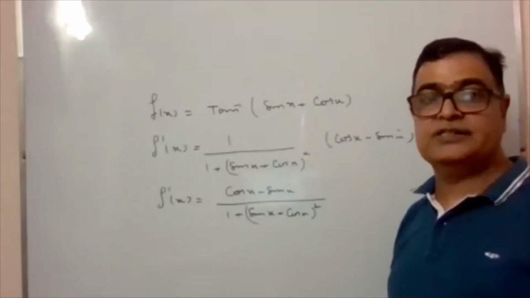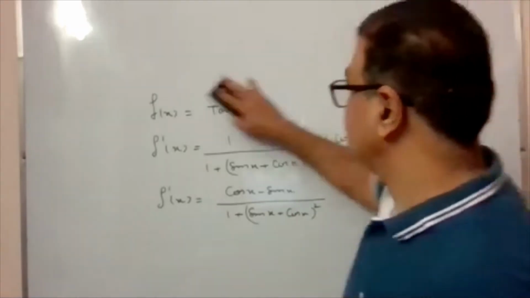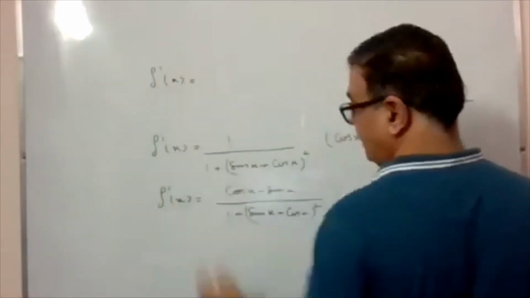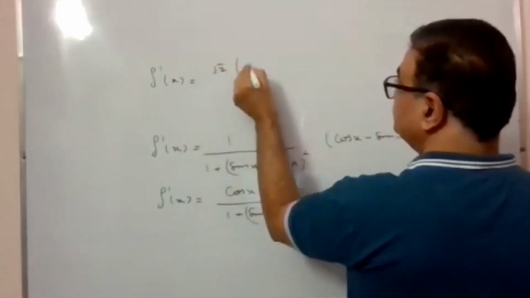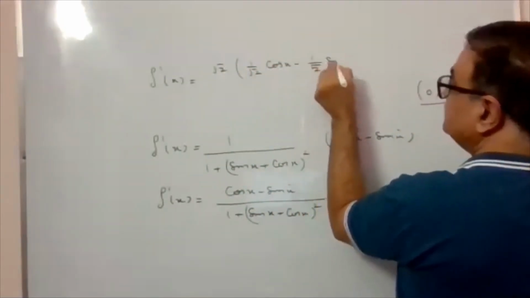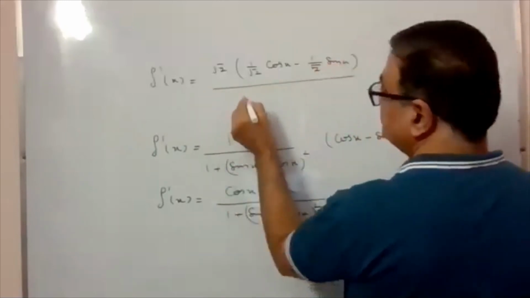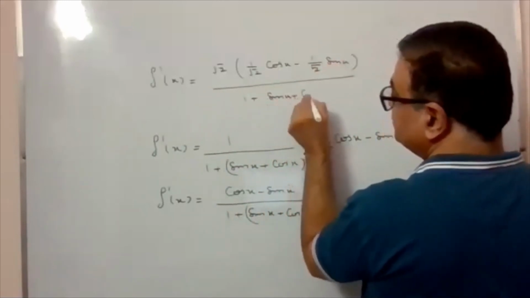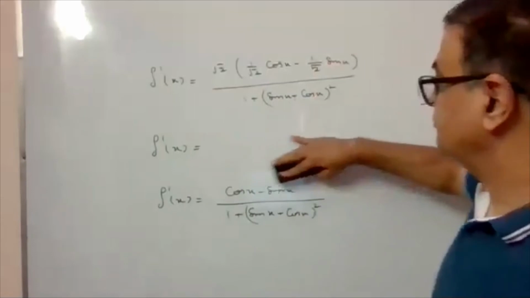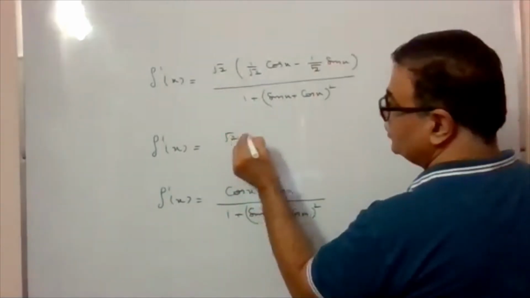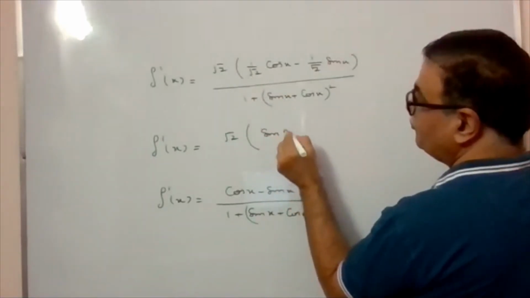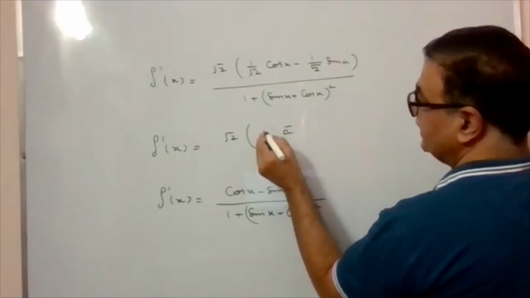So again, we should convert this into a single trigonometric function. Multiply it again by root 2. Then I'll write this as root 2, and cos will convert because that will give plus.